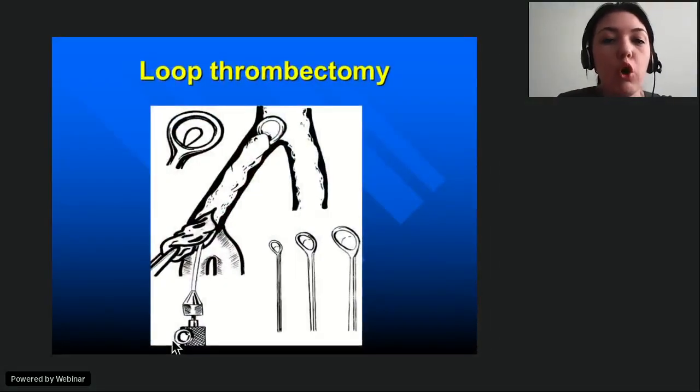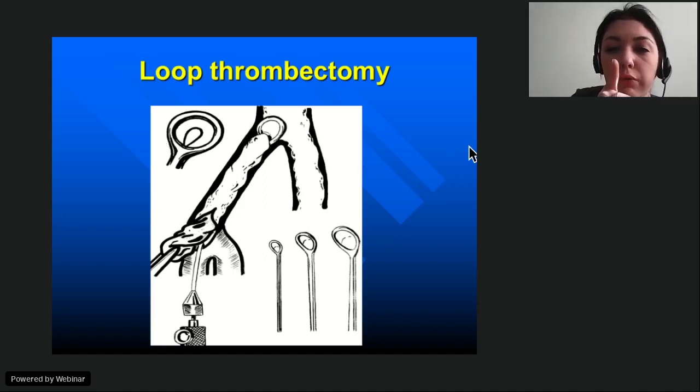And then we perform loop thrombectomy. How does it work? We enter through the wall of the vessel with a special instrument that is a loop, or maybe it can also be a Fogarty catheter. First it's just like a needle, yes? And with that needle, we pass, it is less traumatic.